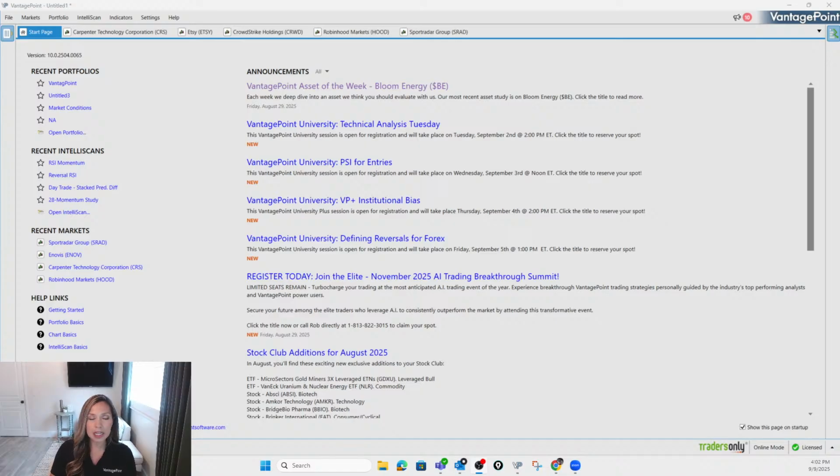Now, before we get into the charts though, I do want to know who in our session is familiar with support and resistance. So let me know in the chat if you can. You can communicate with me during the session in the chat. So certainly let me know. And that way I have a starting point for us today, whether you're new to support and resistance, or maybe you've been trading with it for decades.